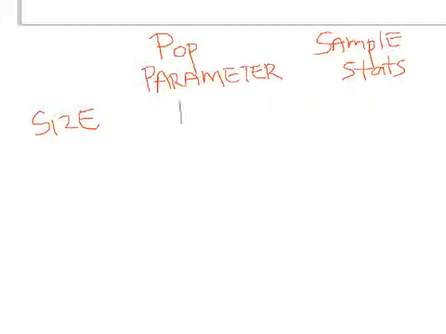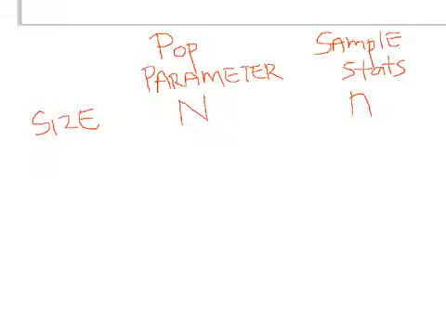Population size, the notation that we use is capital N. Sample size, the notation that we use is small n. So here I'm trying to give you the different notations that we use either for population or sample. So suppose at QIBT this semester we have 1,500 QIBT students in total.